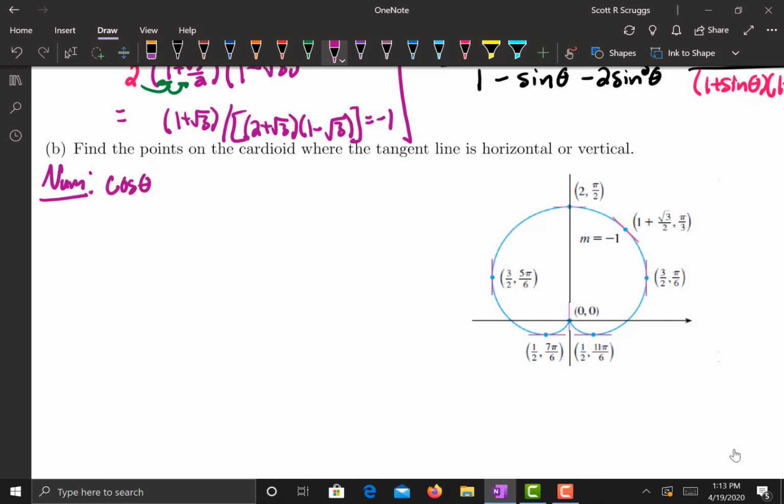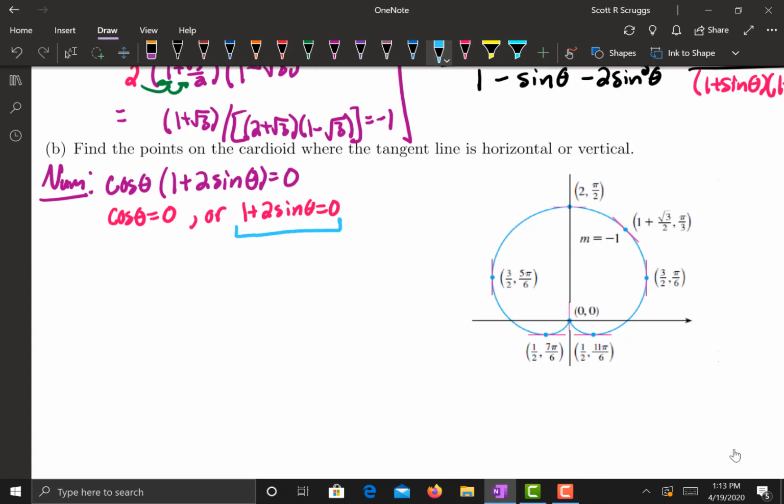So I'm going to set cosine of theta times 1 plus 2 sine of theta equals 0. And what that means is, because I have two things multiplied equal to 0, the only way that's going to equal 0 is either cosine of theta equals 0, or 1 plus 2 sine of theta equals 0.